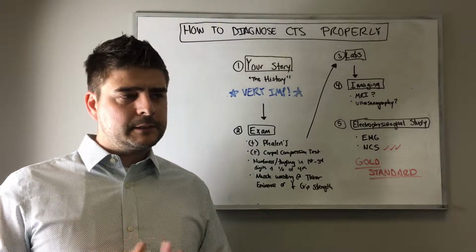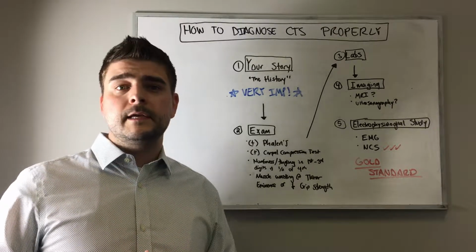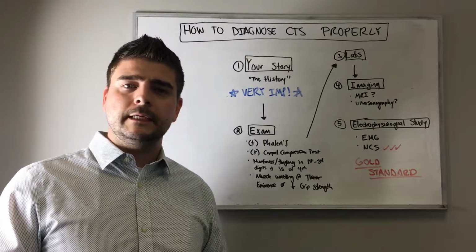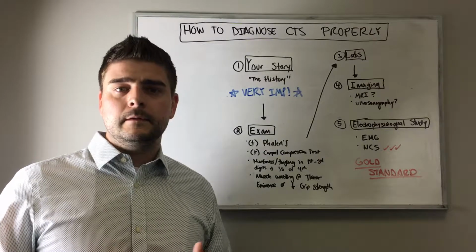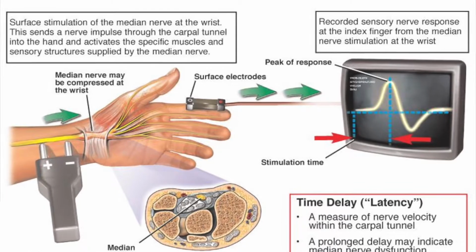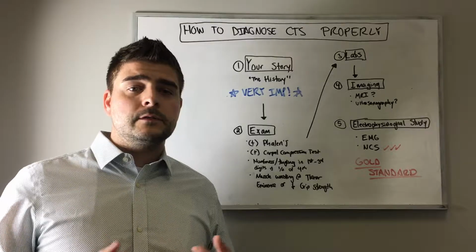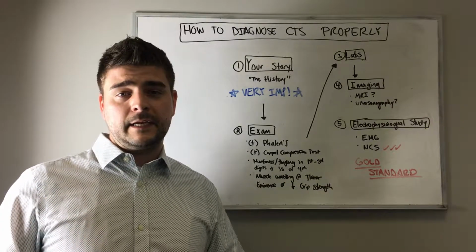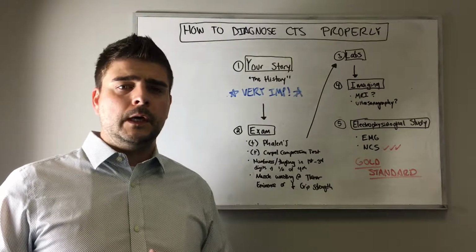And I would say from experience, a good history followed by a solid exam combined with what we're about to talk about, electrophysiological studies, is probably the best route. Electrophysiological studies include EMG, which is also known as electromyography, and NCS, which is nerve conduction studies. These are more of the diagnostic standards when it comes to carpal tunnel diagnosis.